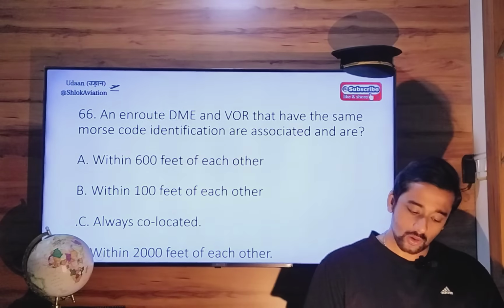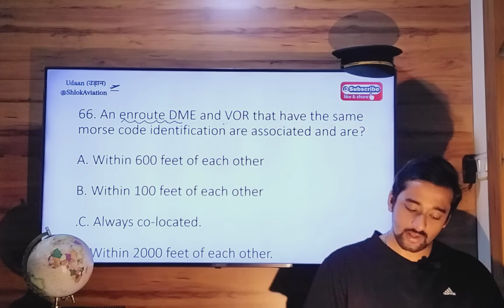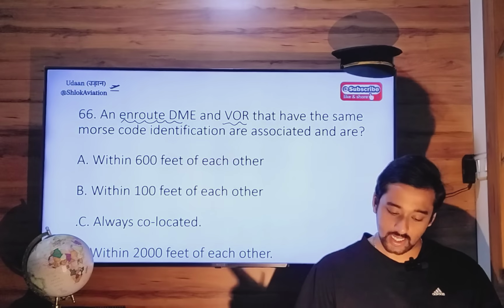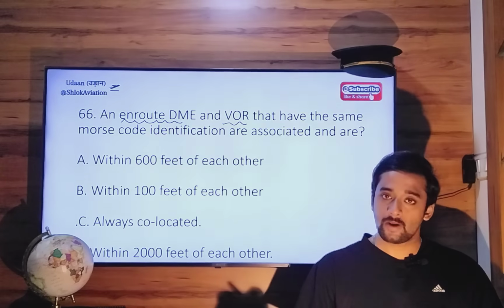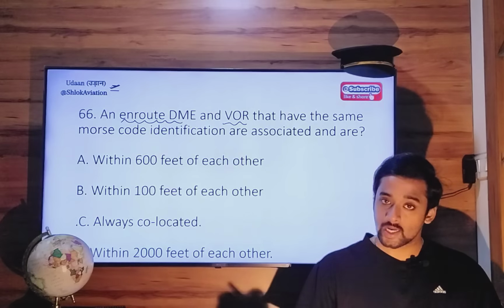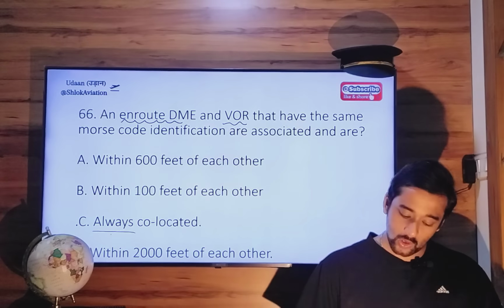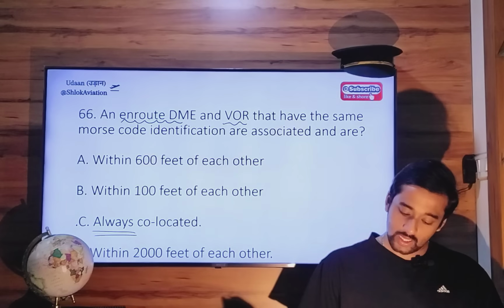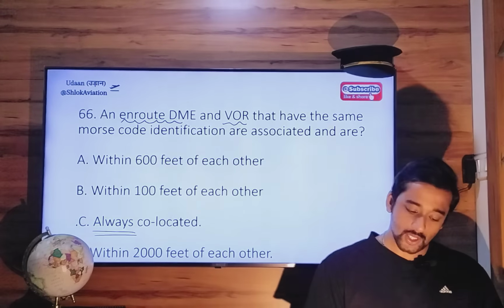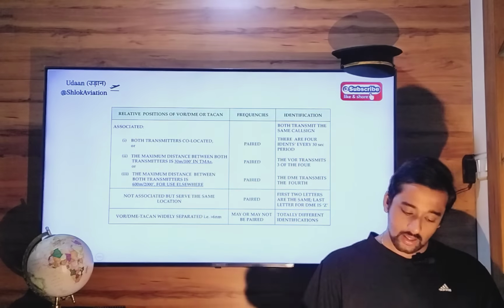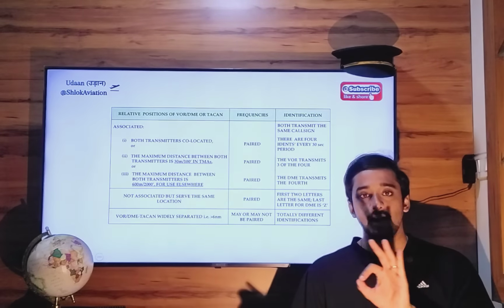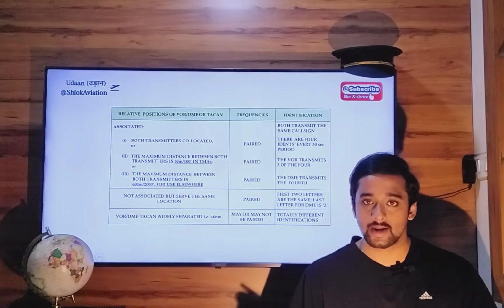Question 66. En route, DME and VOR that have the same Morse code identification are associated and are within 600 feet of each other, 100 feet of each other, always co-located, within 2000 feet of each other. So they are talking about en route. So there are three ways in which DME and VOR can share the same Morse code identification.